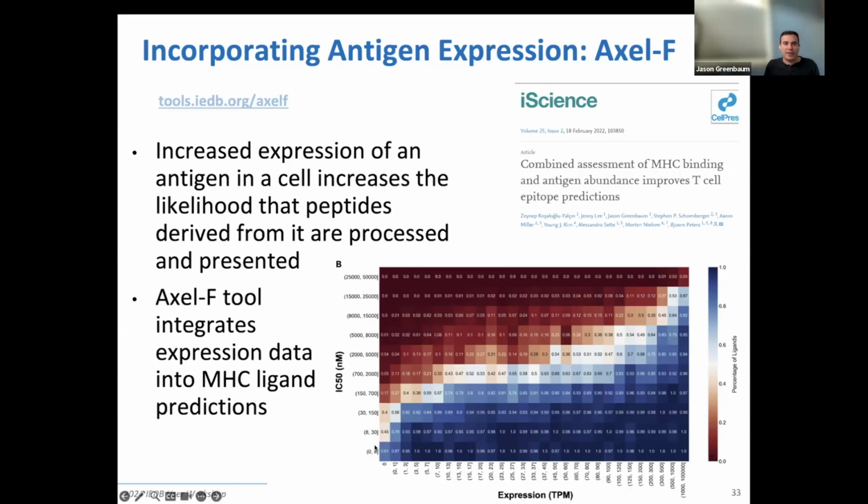And what we can see is that binders that are moderate binders in this IC50 value range can overcome that poor or moderate binding with a large dose. So if they are really highly expressed, we start to see a significant fraction of those peptides in the eluent. And so this tool takes both binding and expression into account.